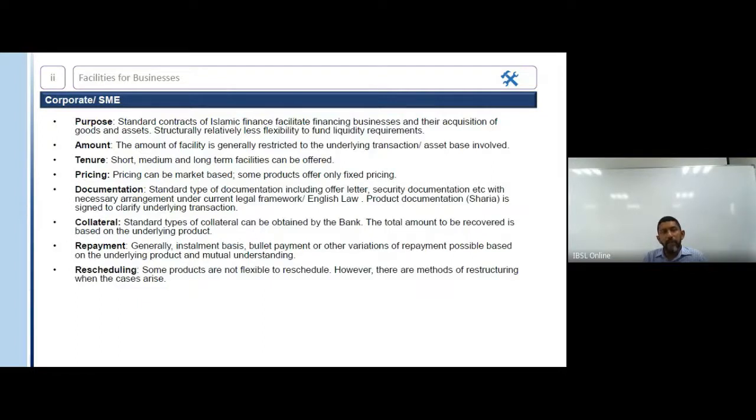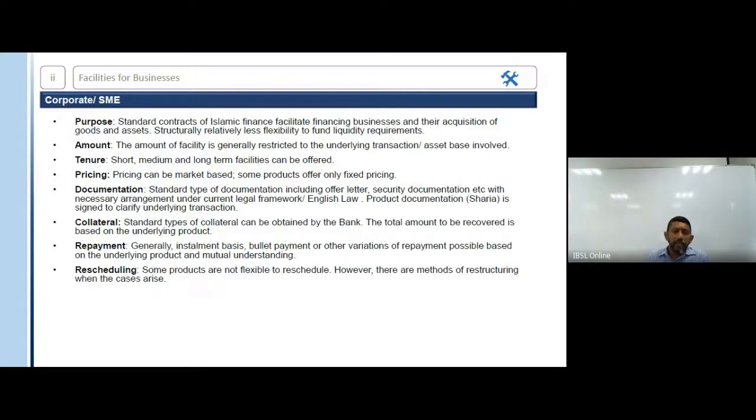What I mean by liquidity products is products like bills discounting, products like overdraft, and at the individual level, products like pawning.